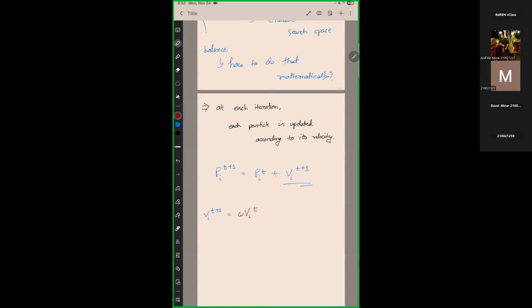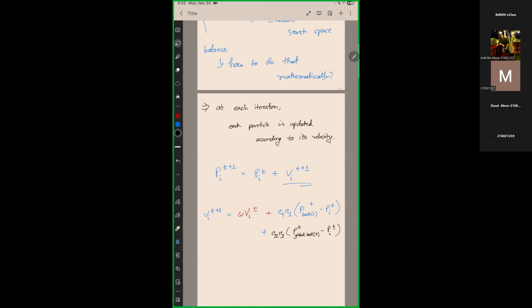Omega multiplied by the current velocity, okay, plus C1 R1 into the personal best at iteration i minus the current position, plus C2 R2 into the global best minus the current position.